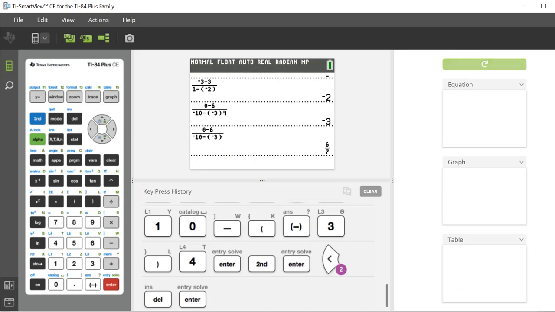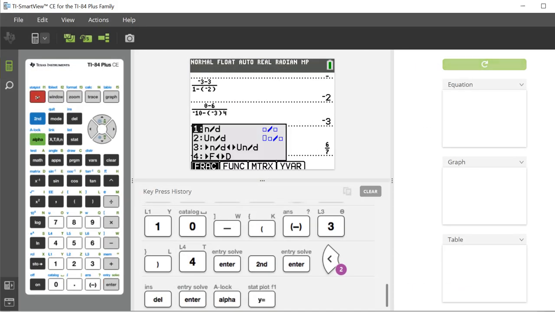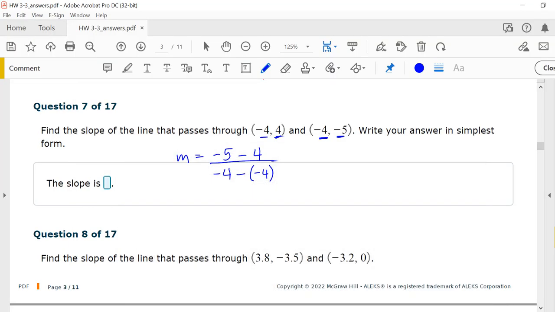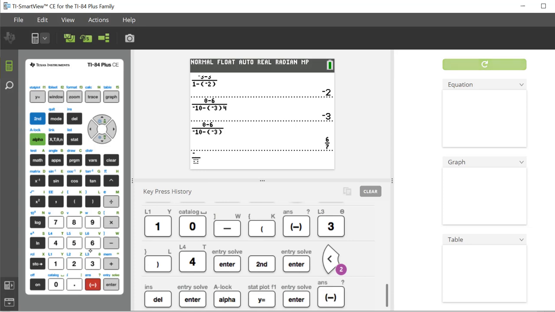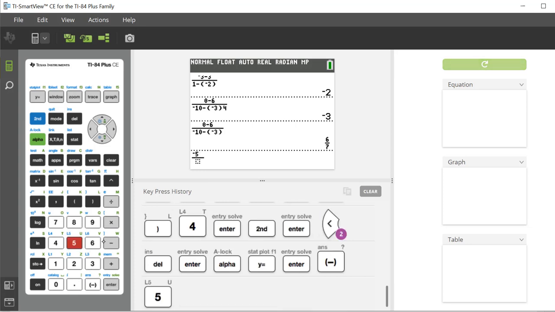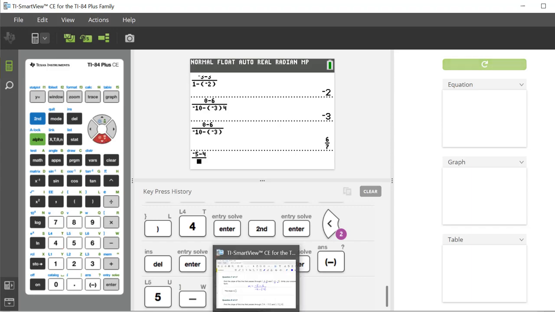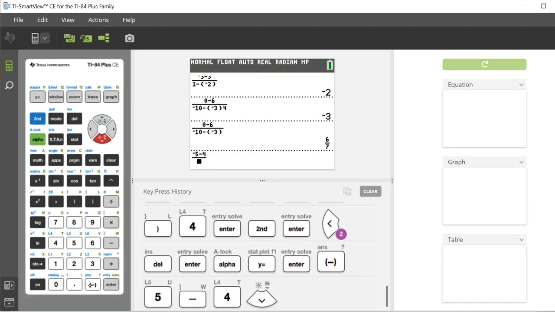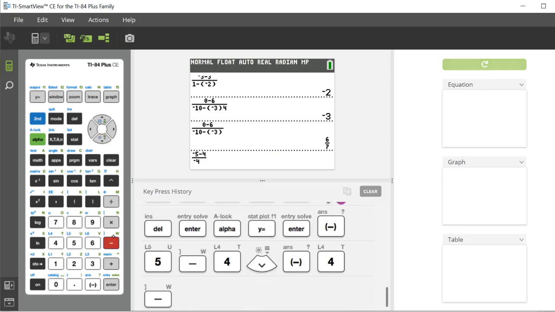On your calculator, negative 5 minus 4 is in the numerator. And in the denominator, we have negative 4 minus negative 4. Negative 4 minus, parenthesis, negative 4.